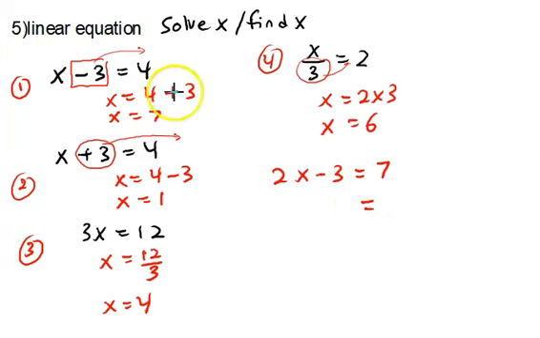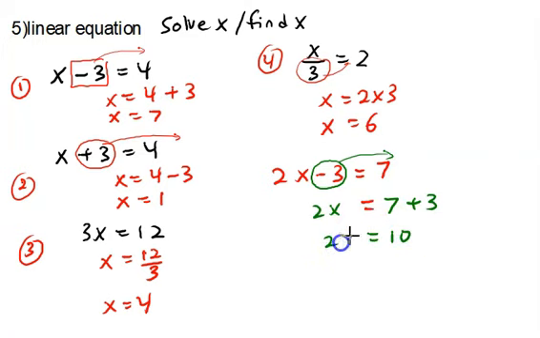Okay, now the first step here is negative 3, you move there, it becomes plus 3. So here we are getting about 10. So the 2 will move down, it becomes a divide. So this is how we get 5 as your answer.